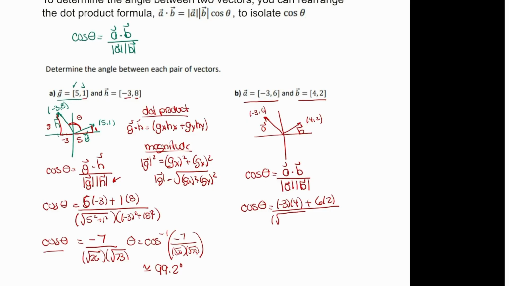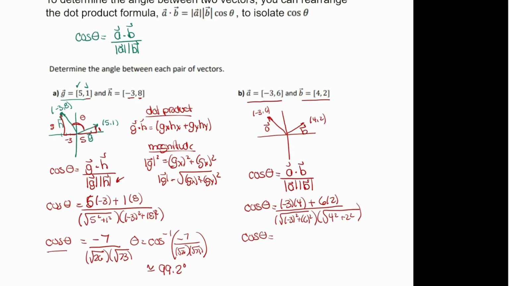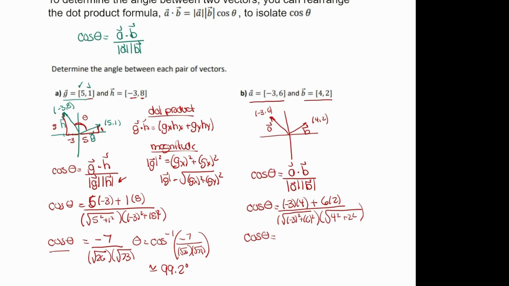So we have the magnitude of A will be negative 3 squared plus 6 squared times the magnitude of B, which will be 4 squared plus 2 squared. So cosine of theta is going to be equal to, negative 3 times 4 is negative 12, and 6 times 2 is also 12. So our value on the top is 0.